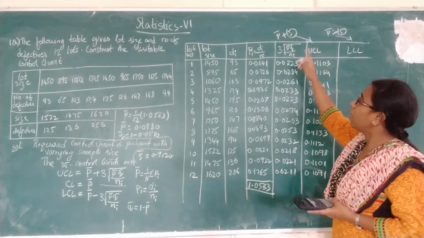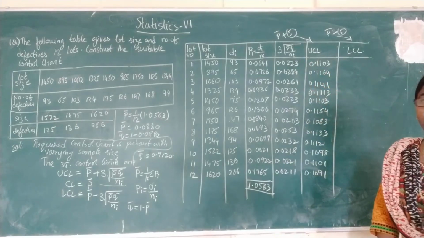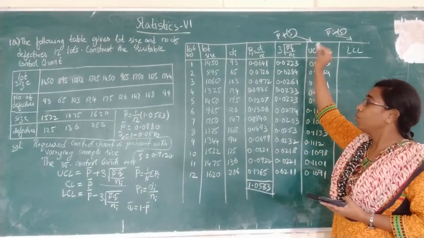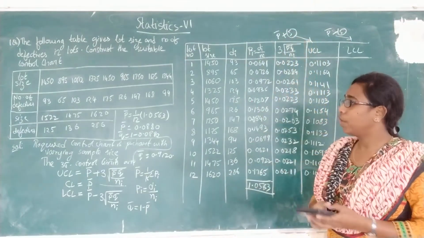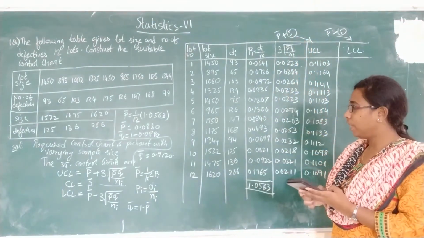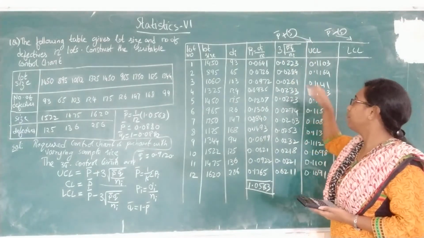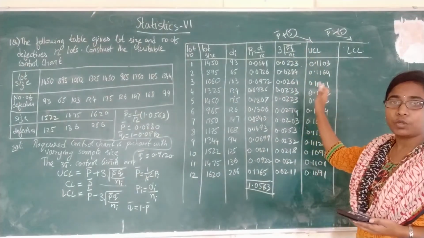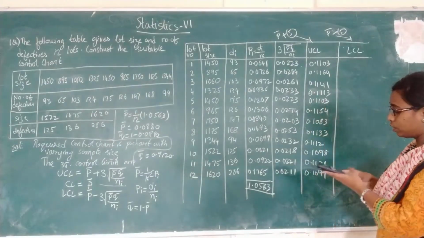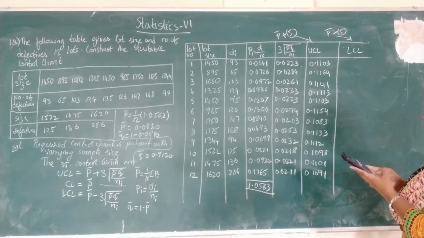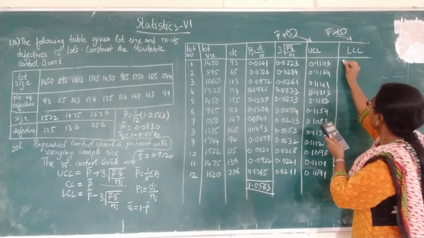LCL is P bar minus 3 into under root P bar Q bar by Ni. P bar value is 0.0880 minus your fifth column values. So subtract those terms: 0.0223.